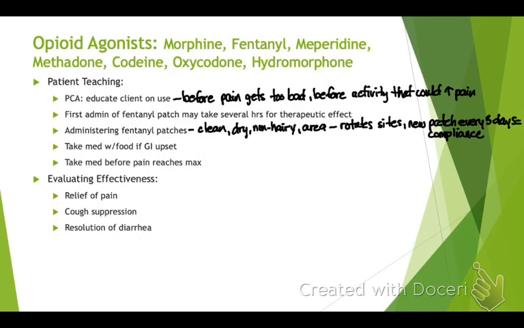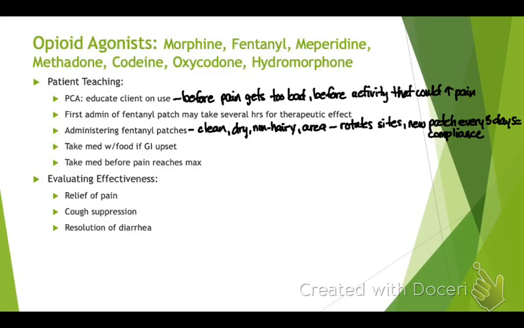Okay, so continuing on with the opioid agonists, again, with patient teaching, for the PCA, educate the client on how to use the PCA. You want them to know to give themselves the pain medication before the pain gets severe, before activity that could increase pain.